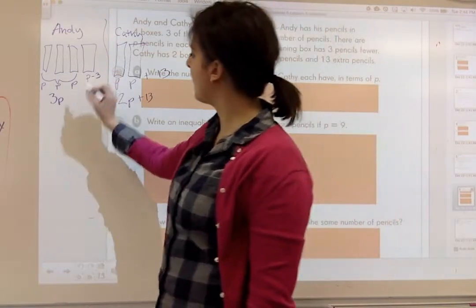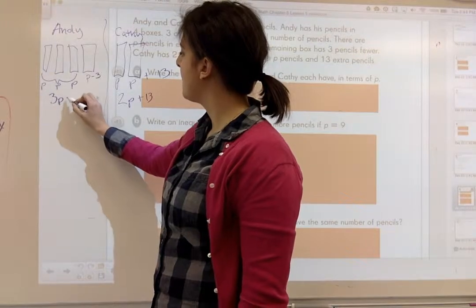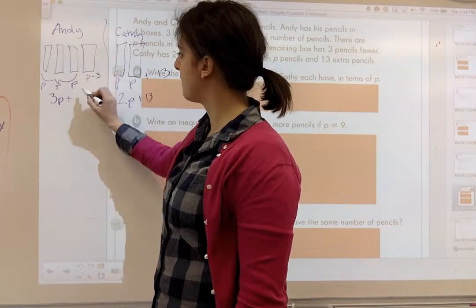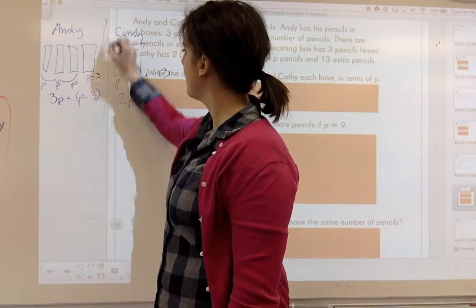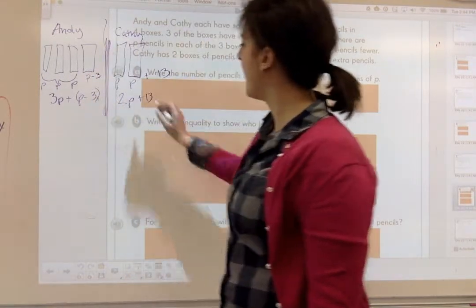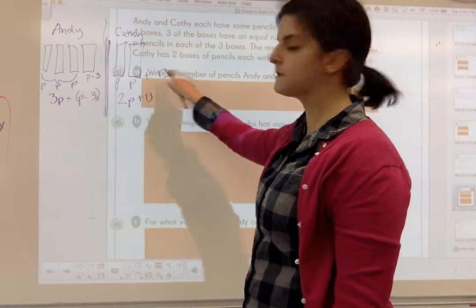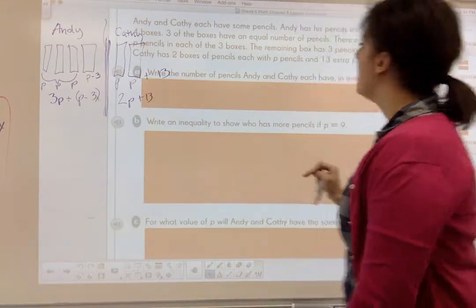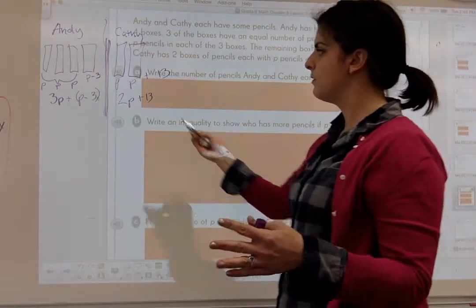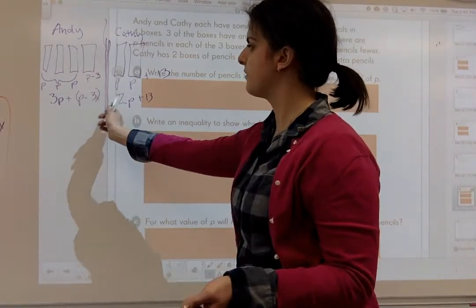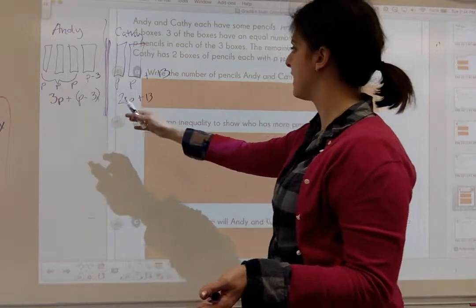So here I have Andy with 3P plus, because we're going to add that 4th box there, P minus 3. And then Kathy here, who has 2P pencils plus 13. So now I'm going to start looking at these problems. This is what I know so far.